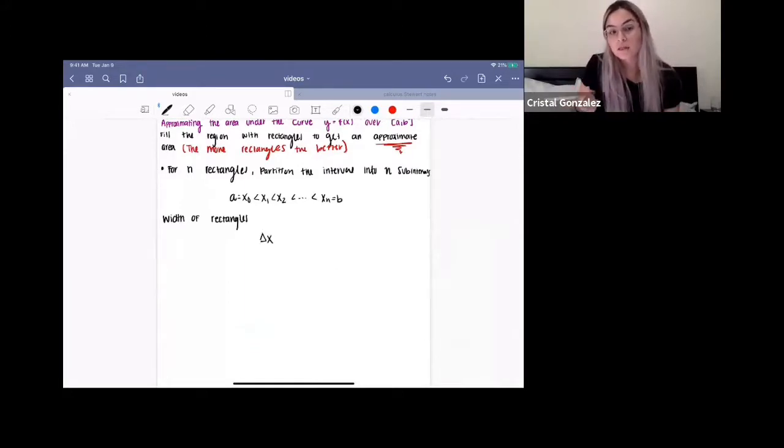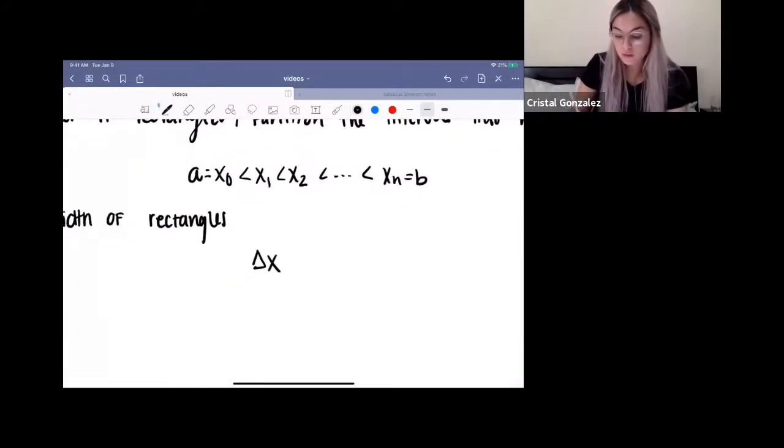And we're calling it a small change because the idea in the long run of this area problem is that we want to make delta x as small as possible so we can get the best approximation ever. So delta x is going to be equal to b minus a all over n.